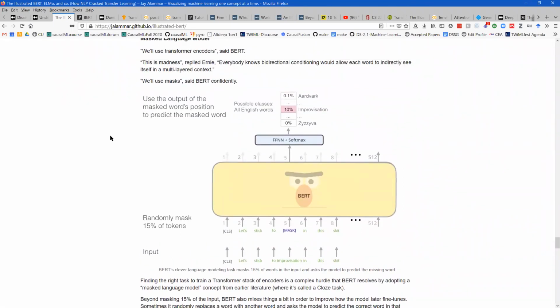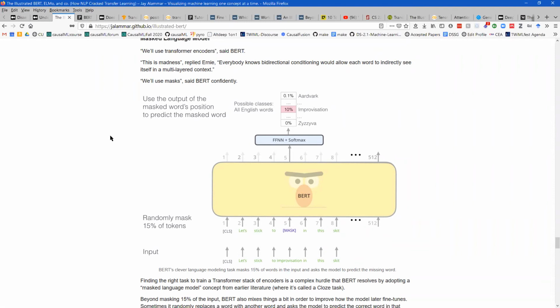So this is the way that BERT is trained. It's the special training method that is the key to BERT's success. They train it with these masks. So they give it a sentence and they mask out one of the words, or maybe more of the words.